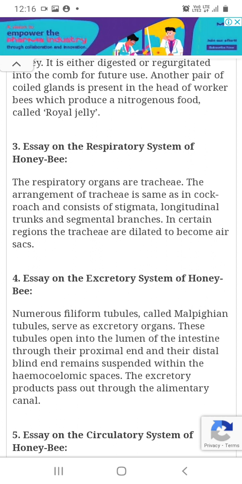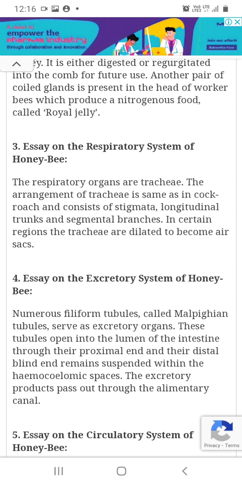The uric acid or the unwanted nitrogenous waste is delivered to the hindgut by the distal or by the proximal Malpighian tubule.